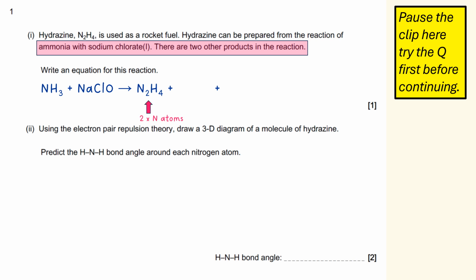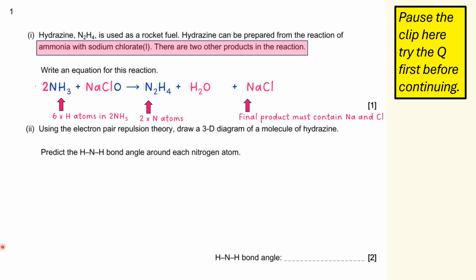The first thing to look at is you've got two nitrogen atoms in hydrazine and only one nitrogen atom on the left-hand side, so obviously you've got to double the ammonias on the left-hand side. Now we've got 6 hydrogen atoms and only 4 hydrogen atoms here, so we have an imbalance of hydrogen. Therefore one of our products must be water. That uses up the O in NaClO, which leaves NaCl as the obvious final product.